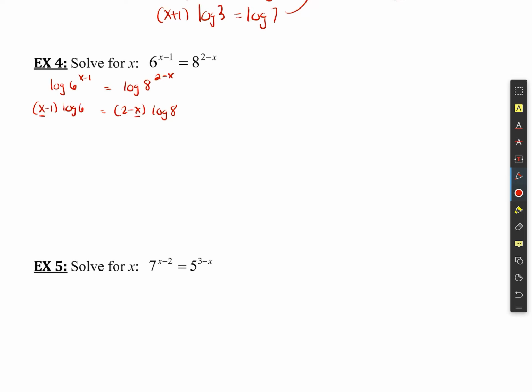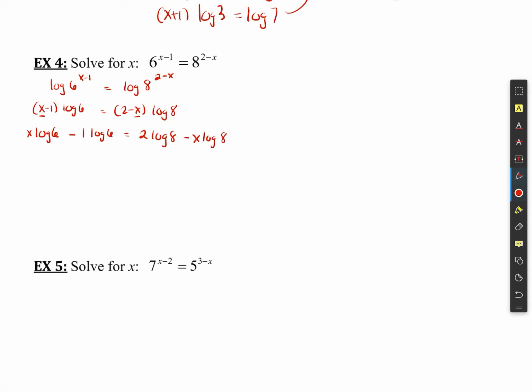We want to expand this out. So I can actually distribute my log 6 and make this x log 6 minus 1 log 6 equals 2 log 8. Got sloppy there. 2 log 8 minus x log 8. By doing this, we can now reorganize things so that all the x's are on one side.